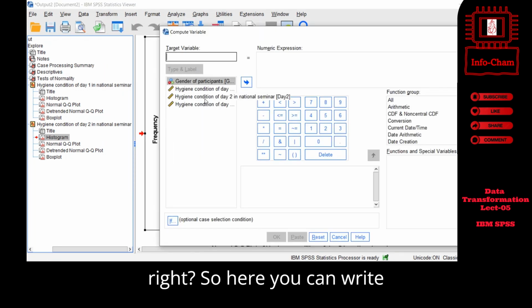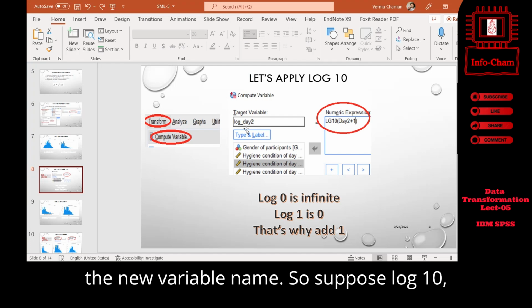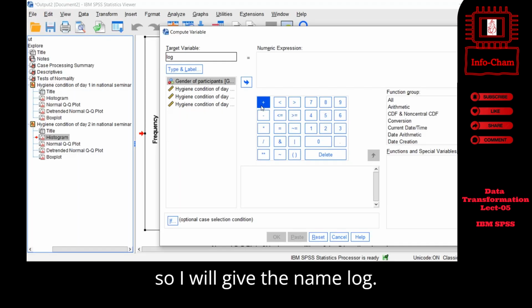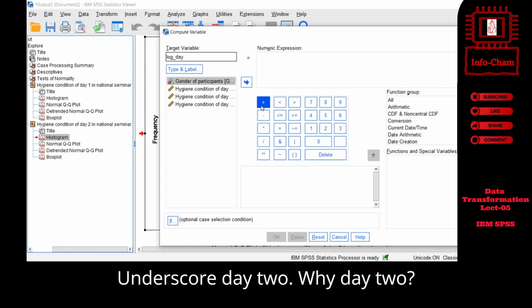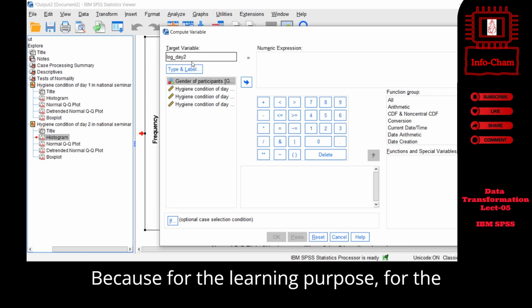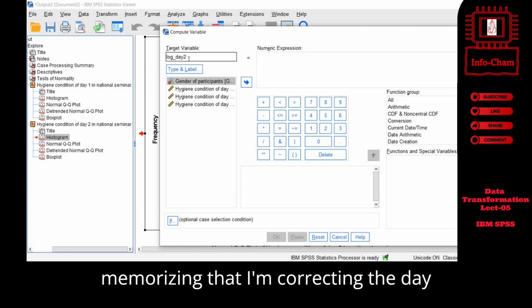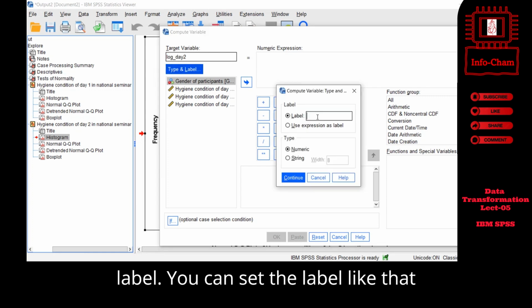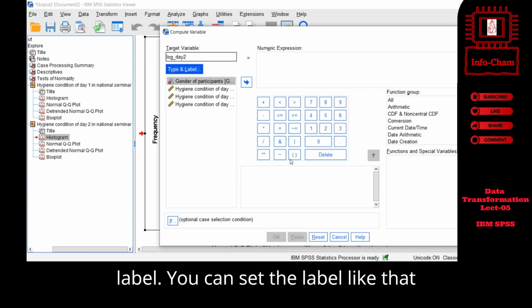Here you can write the new variable name. Suppose log 10, so I will give the name log_day2. Why day 2? Because for learning purposes, for memorizing, that I'm correcting the day 2 data, right? You can also set the label like that here.